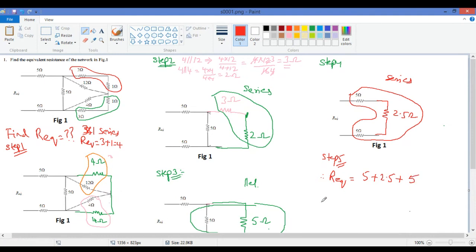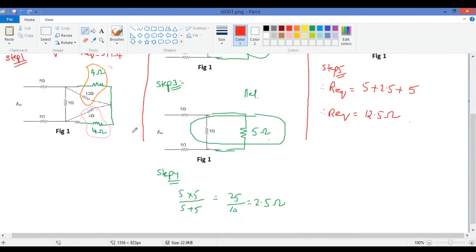Okay, so therefore R equivalent is 12.5 ohms. I will just divide these lines so that you will not get confused.